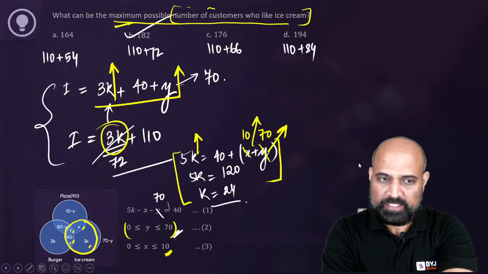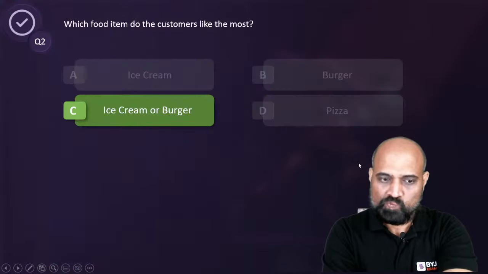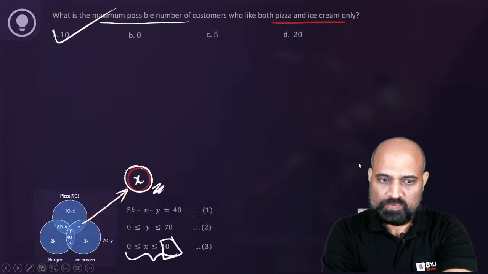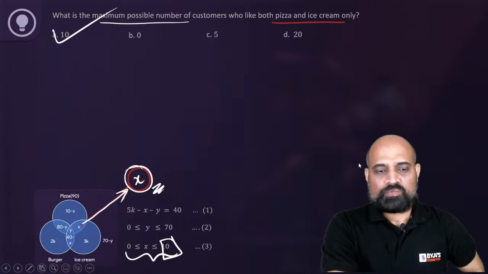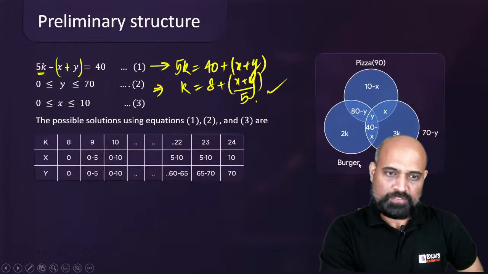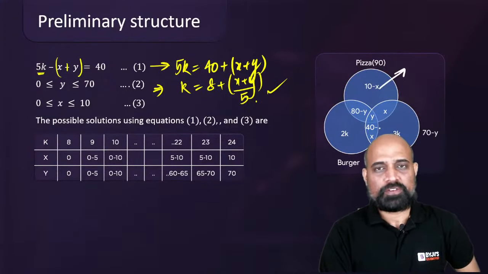Did I write pizza 10 minus x anywhere? I don't see Srikala anywhere which is 10 minus x that I have written. Are you talking about this part which was already given?